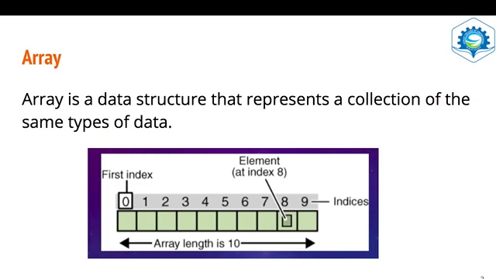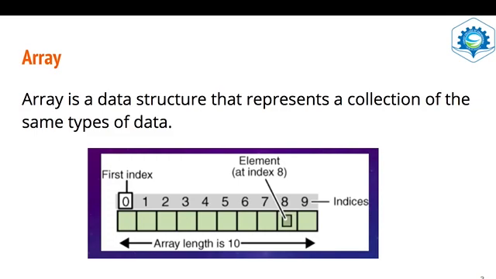Because there you can store only a single data item. So in such a case where you have more than one data item, you can go for arrays. Okay, so array is a data structure that represents a collection of same type of data.